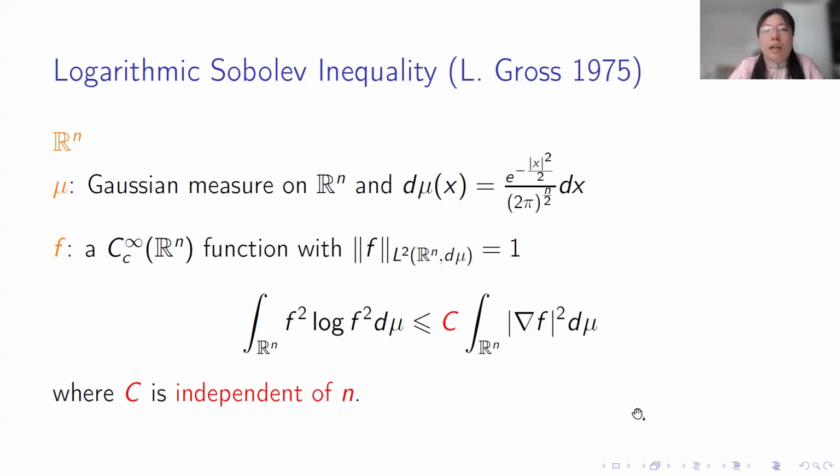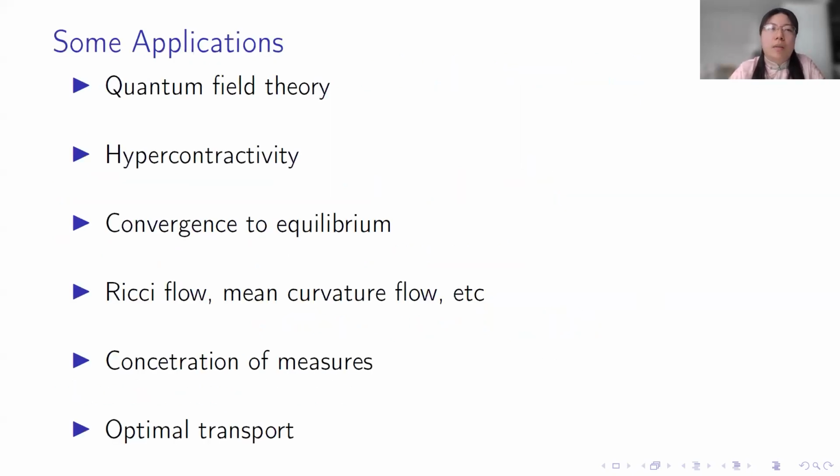Before I move on, let me briefly discuss some applications of this dimension-free property. First, it has some important applications in quantum field theory. That is actually the origin where this problem comes from. In the quantized model, which has infinite dimensional spaces, it's important to have something with a dimension-free constant.